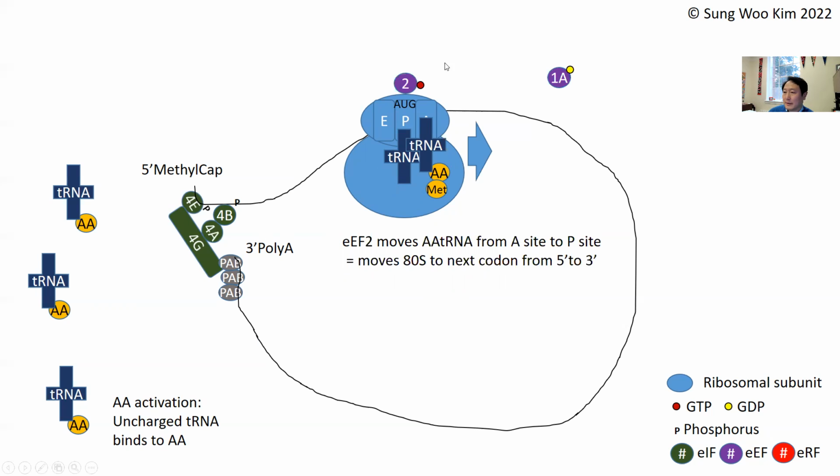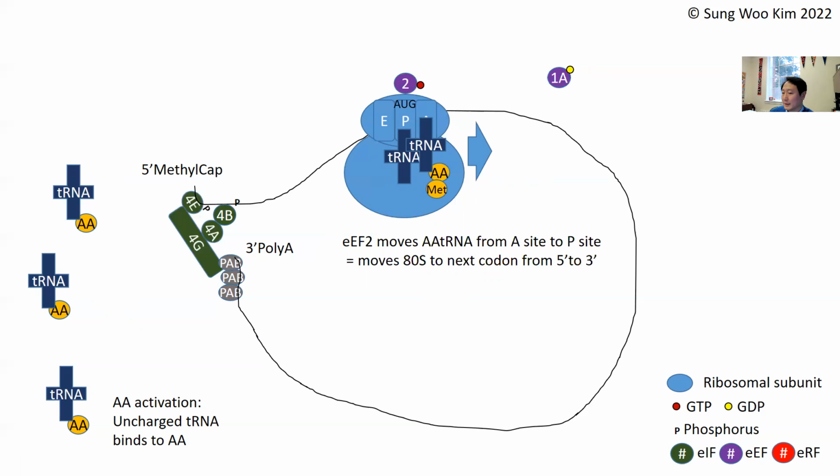And now new elongation factor 2, which is with GTP, will move the ribosome by one codon, from the 5' toward the 3'. So this whole structure will move to the next codon, like that.